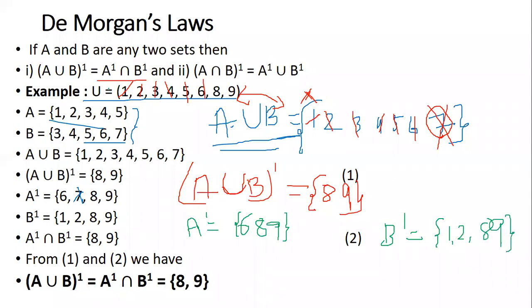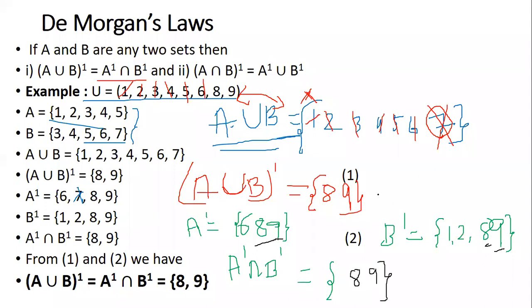Now let us find the intersection between this. A complement intersection B complement. Intersection means whatever common elements we had. So what are the common elements that we have? 8 is common. It's there in both. So 8. 9 is common. That is also there in both. So 9.